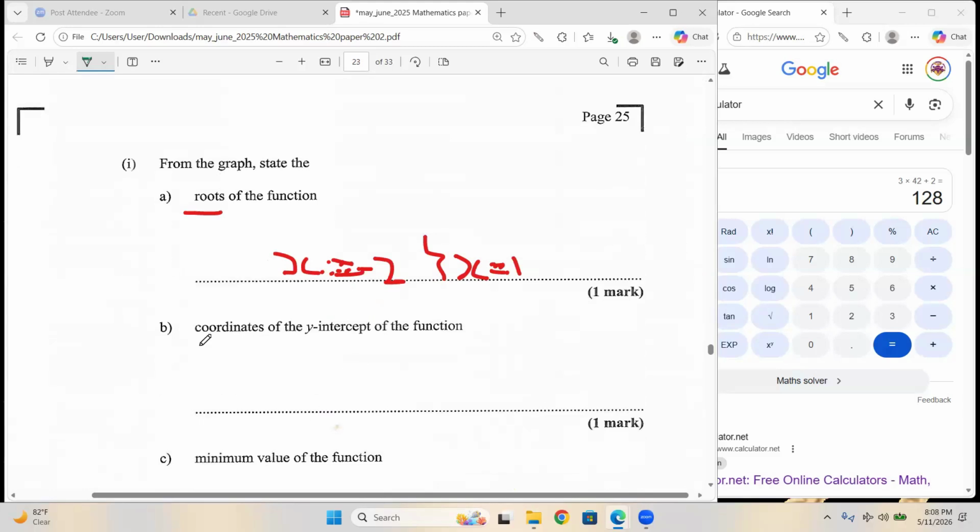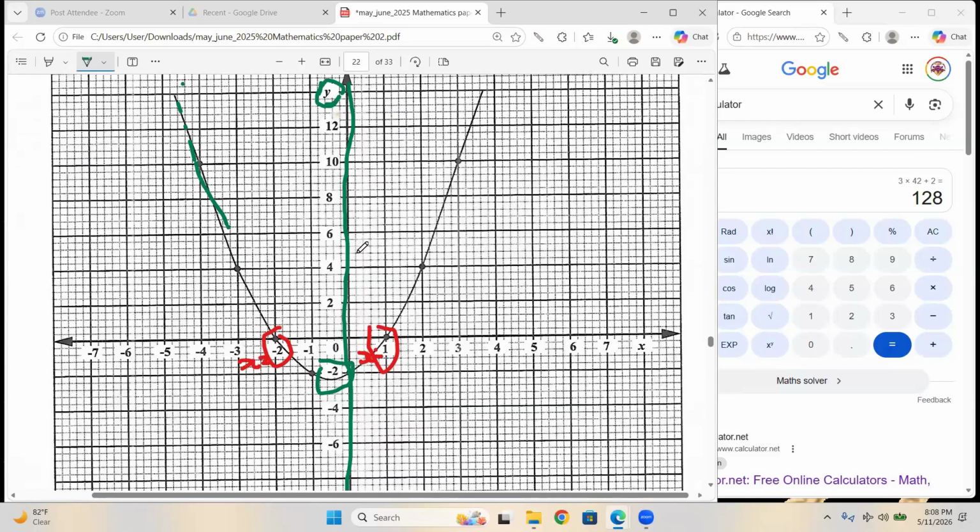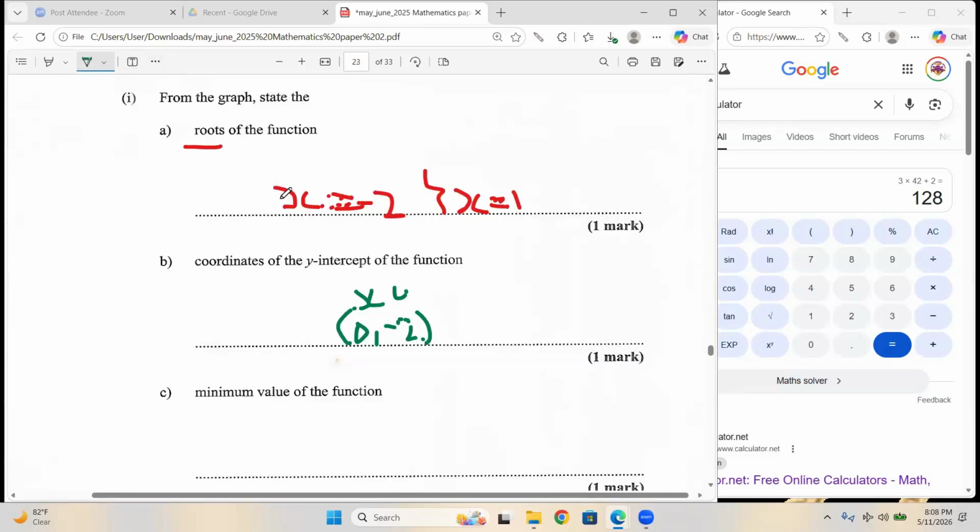But they want the coordinates. So it's actually (0, -2). Now, if you're wondering where the 0 is coming from, any point located on the y-axis has an x-coordinate of 0. Every time. All the time.